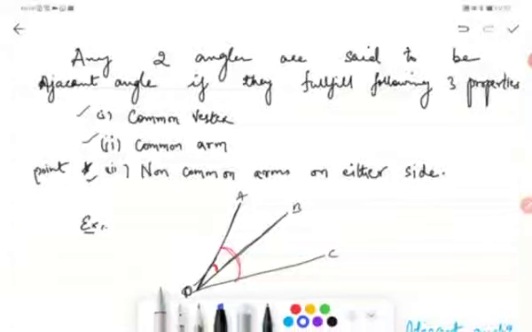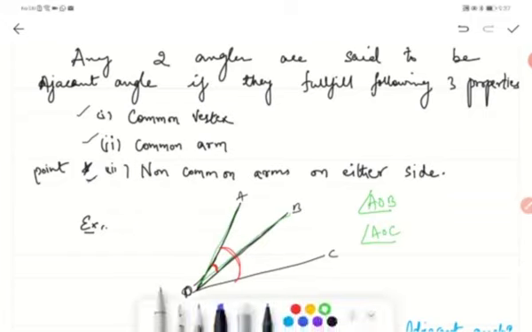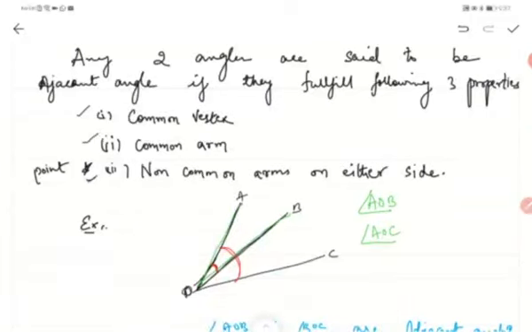So the angles I am taking are angle AOB and angle AOC. Alright, this angle. Let's now find out whether they are adjacent angles or not.